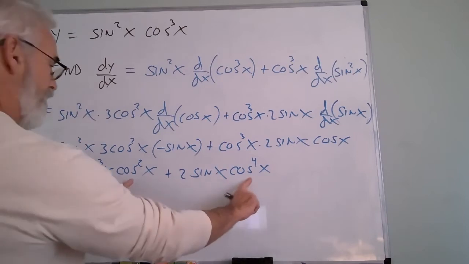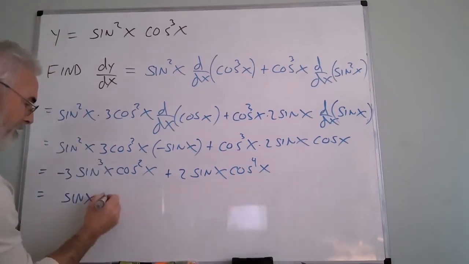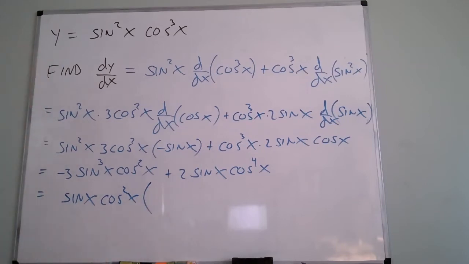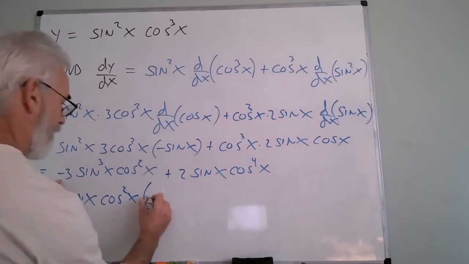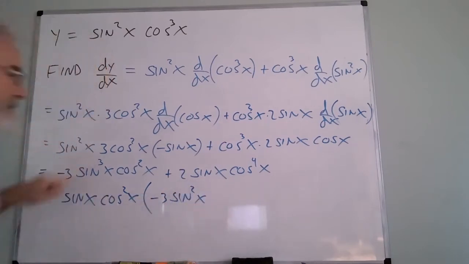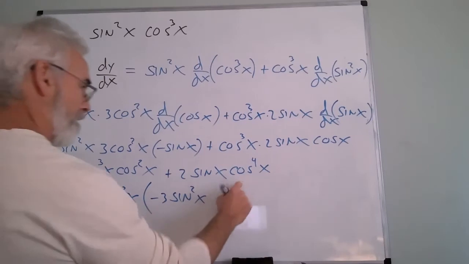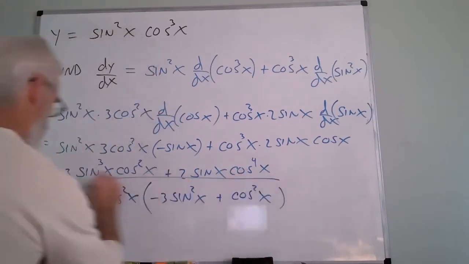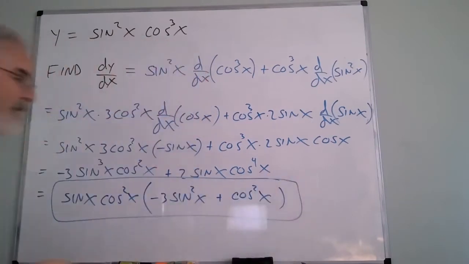And each term has cosine squared to the very least. And what would that leave me with? -3 sine squared, and over here, plus cos squared. So the best answer I can give is the factored answer.